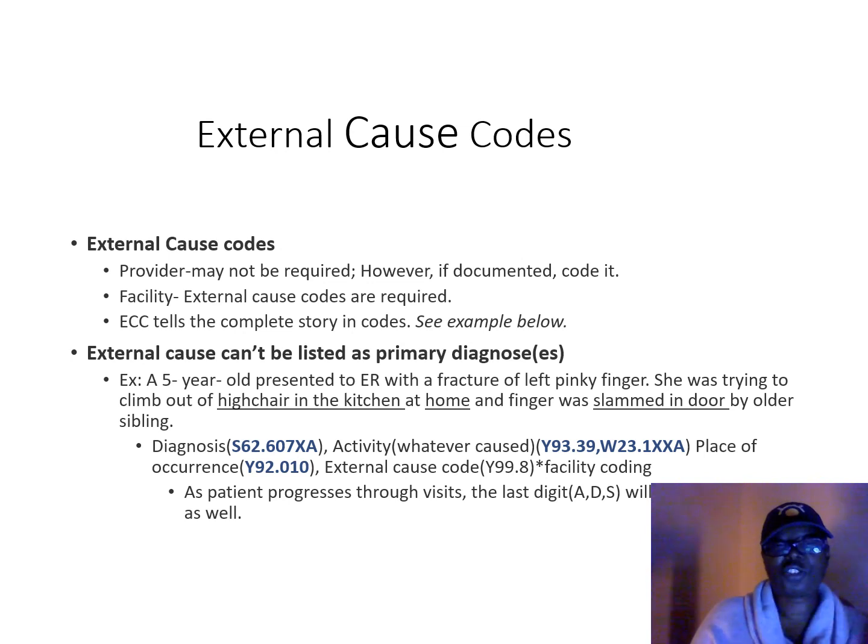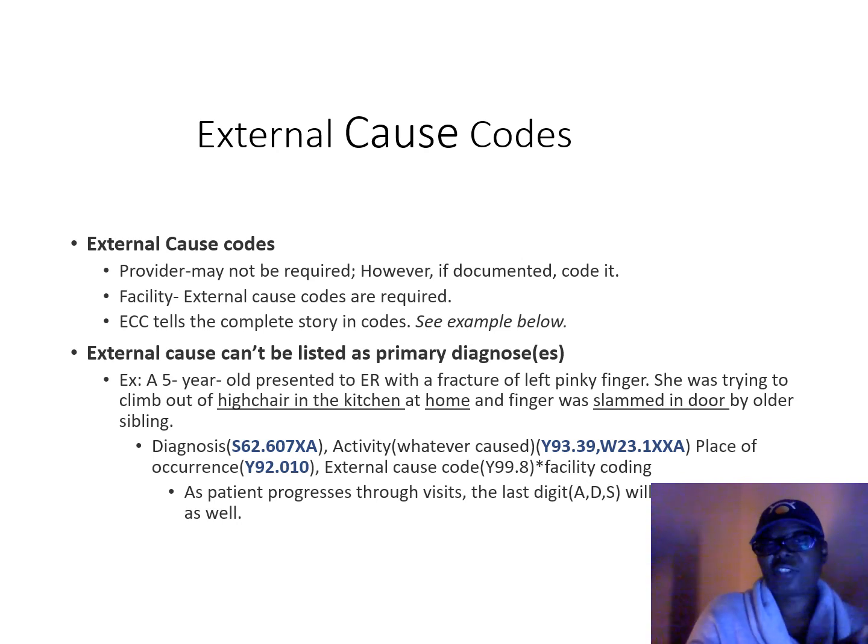Because this was the initial injury, this was a fracture. Then you're going to code, let's say, arthritis as the other diagnosis, because that's what ended up being the result of the pinky fracture. So right here you see how it progresses and how that last digit changed, right? So A is for the beginning.